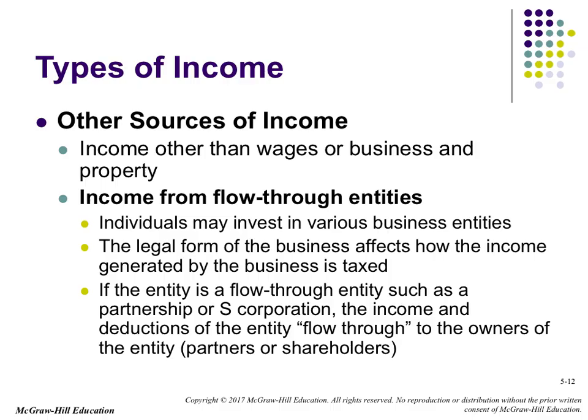We've talked about partnerships, LLCs, S corporations, sole proprietorships, okay? And if the entity is a flow-through entity, then the income and deductions flow through to the owners. That's the whole reason for a flow-through entity. That's where the name comes from, okay?